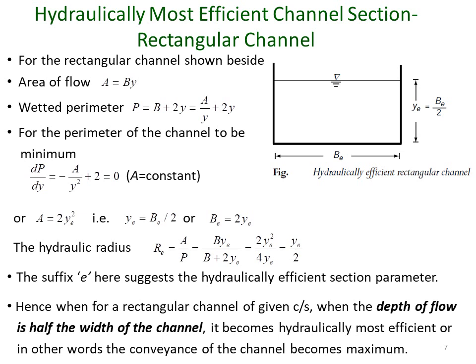The hydraulic radius can be calculated here as R_e, which equals A by P. And if we substitute the terms, then we can see that the hydraulic radius equals half of the flow depth. So that's another important result: for the channel to become hydraulically most efficient, the hydraulic radius would be half of the flow depth.